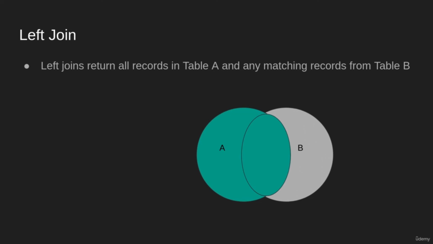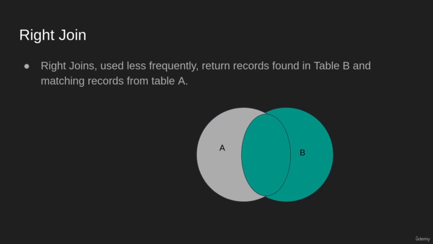Then the final join that we'll be talking about is the right join. And this is really just the opposite of a left join. So instead of returning records from table A, we're returning records from table B, from the right side of this join. We're going to return all the records from table B, and then the corresponding or matching ones from table A, and that is what our result set is going to consist of.